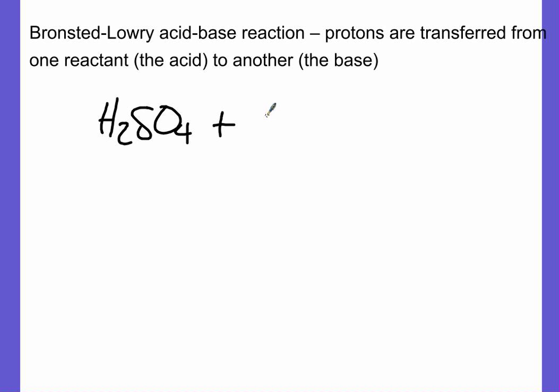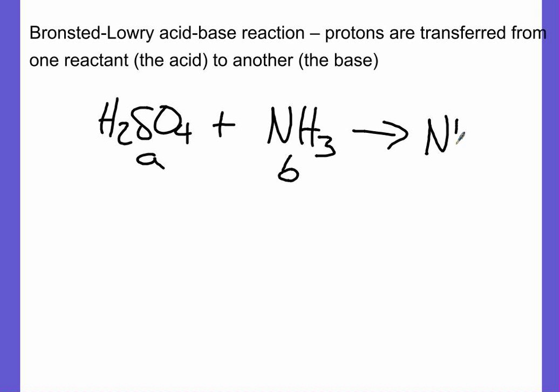Yeah, that would make more sense. It's going to donate a proton. This acid is going to donate a proton. This base is going to accept one. What do I make for a product? And hydrogen sulfate.